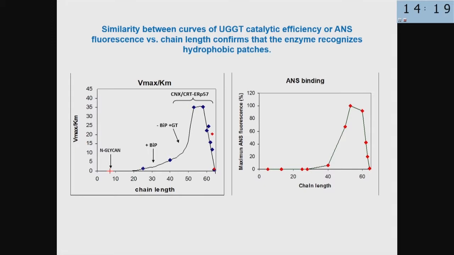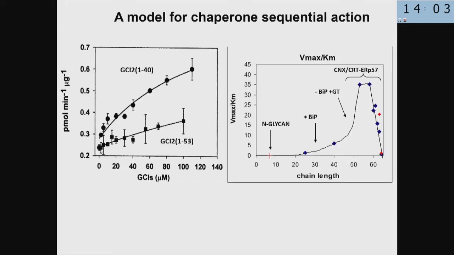So as you may recall, the highest score for BiP was in the position of about 30. And so we tested the ability of these protein fragments to increase the intrinsic ATPase capacity of BiP.